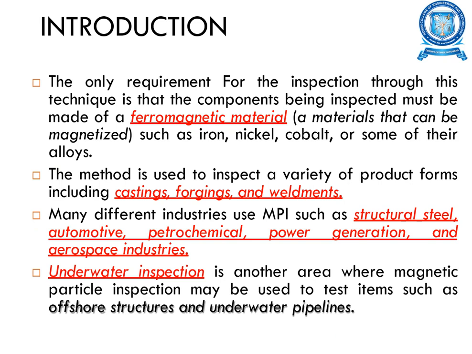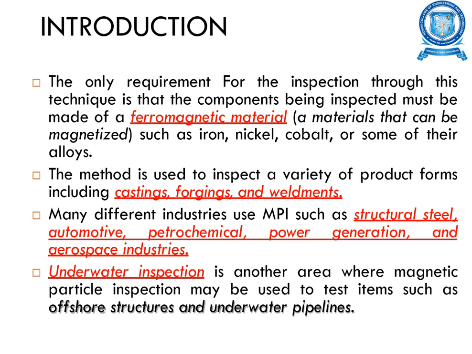The only requirement for inspection through this technique is that the components being inspected must be made of ferromagnetic materials, that is, materials that can be magnetized, like iron, nickel, cobalt, and some of their alloys. The method is used to inspect a variety of product forms, including castings, forgings, and weldments.